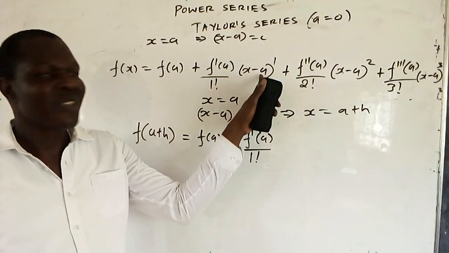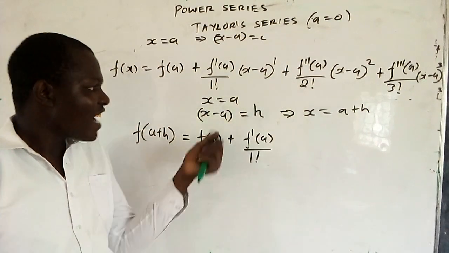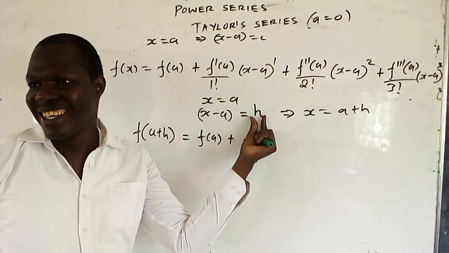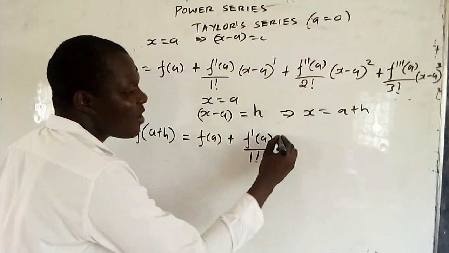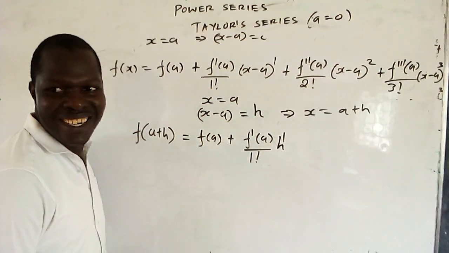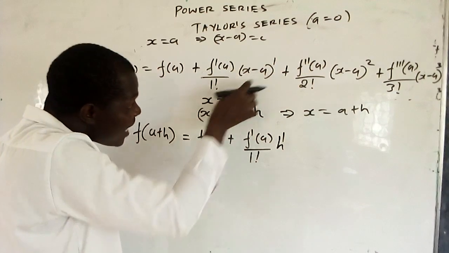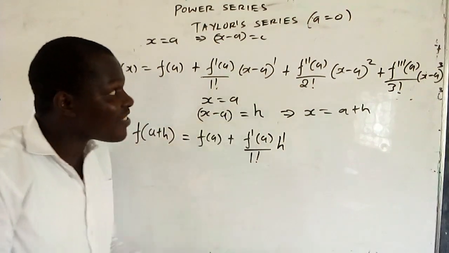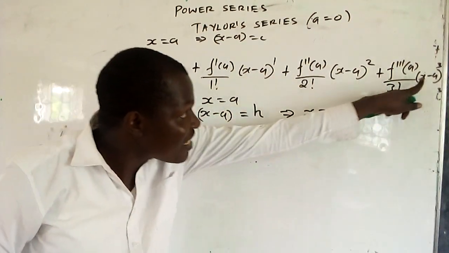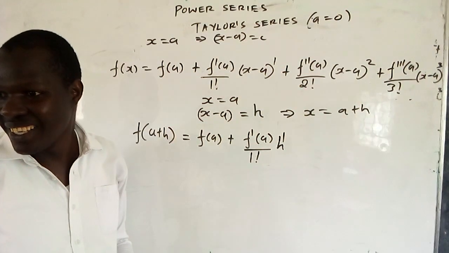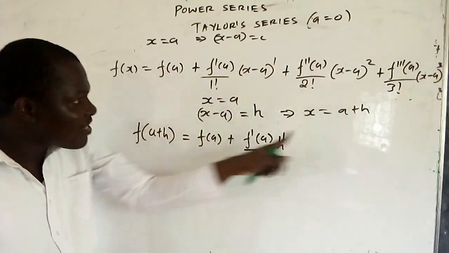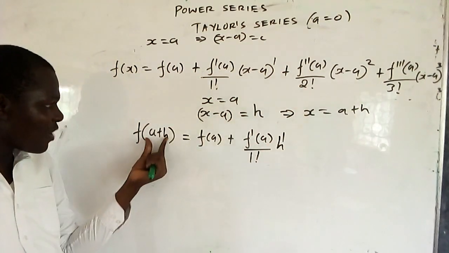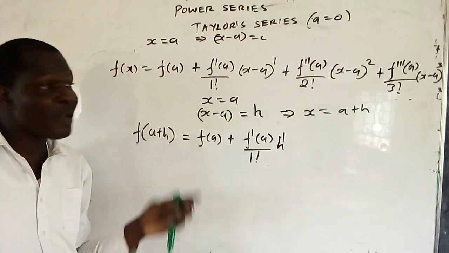What is x minus a? See, x minus a we've left to be h. So it is now f prime of a over 1 factorial, then h is raised to power 1. Because anywhere you see x minus a, our x minus a is h. Meaning all these x minus a, all of them are h. And anywhere we have x, it is the same as a plus h.